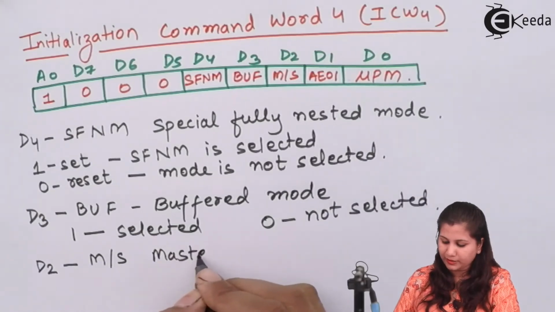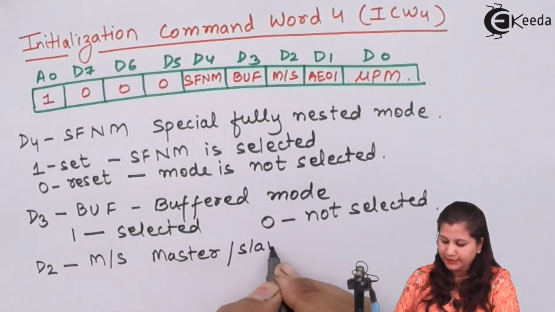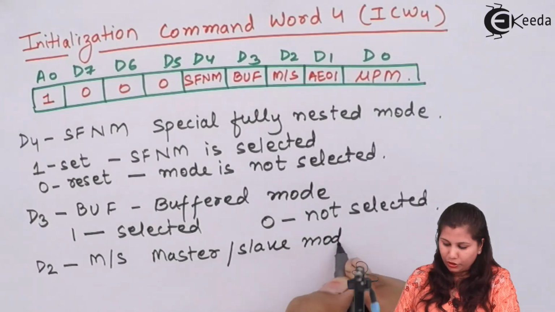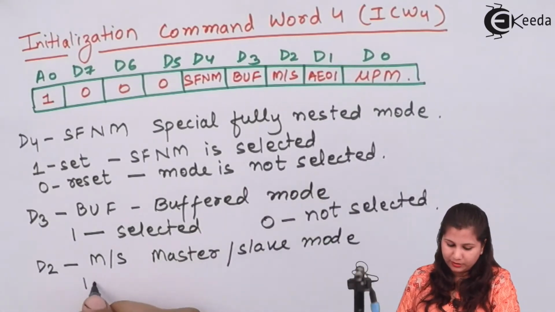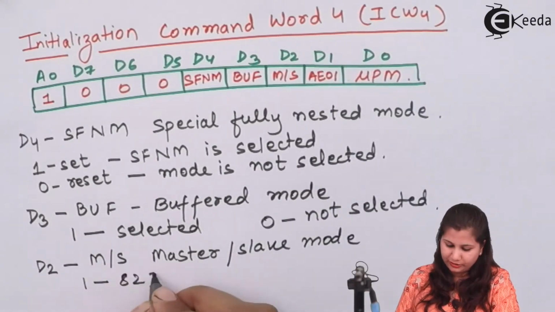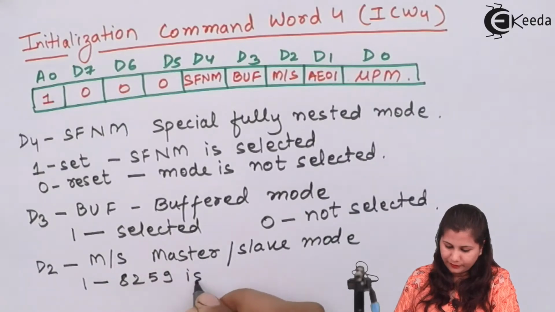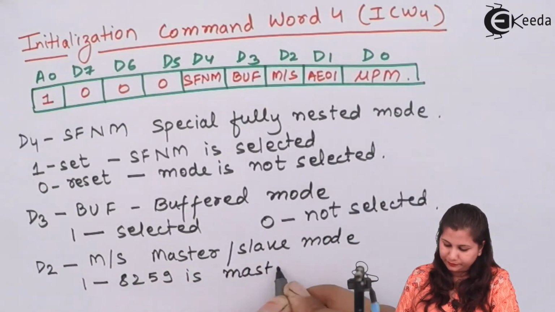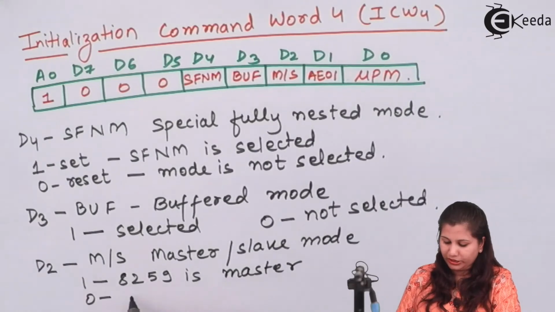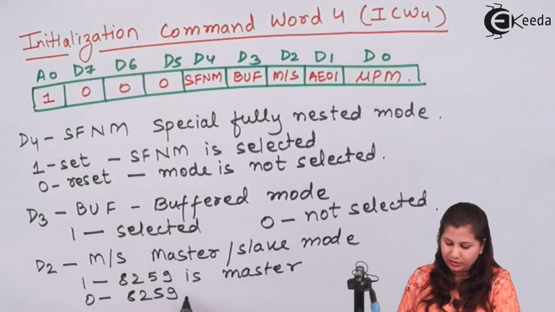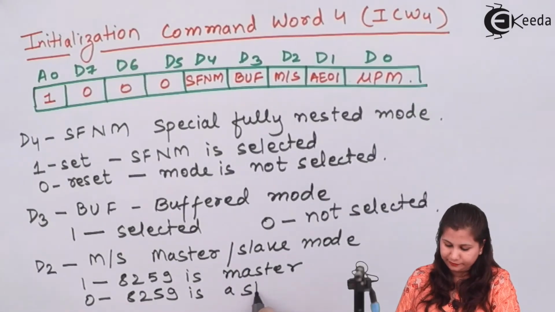M is for master and S is for slave mode. So when this bit is 1, then 8259 is a master, and if it is 0, then 8259 is a slave.